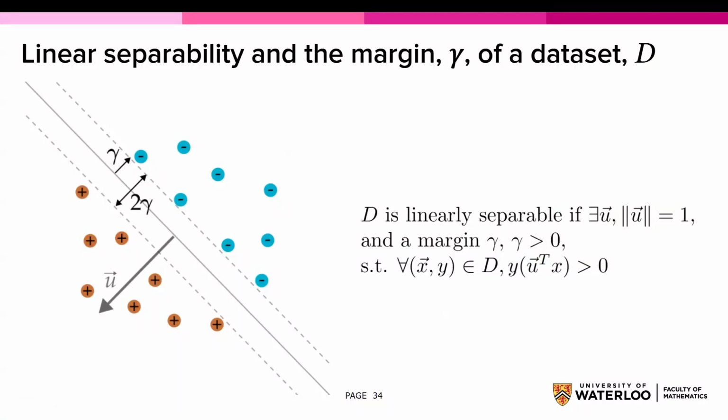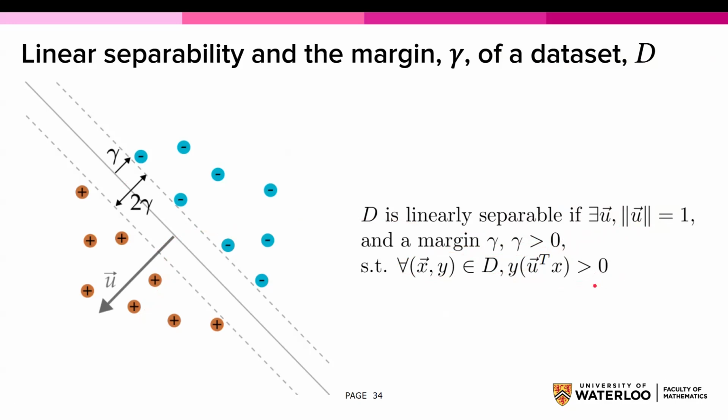So we're now in a position to put this all together and state linear separability a bit more rigorously. So what can we say? Well, a data set is linearly separable if there exists an oracle vector, which has a norm of 1, and a margin gamma greater than 0, such that for all features and labels in our data set D, the product of the true label and the dot product between the oracle vector and the feature vector will be greater than 0.